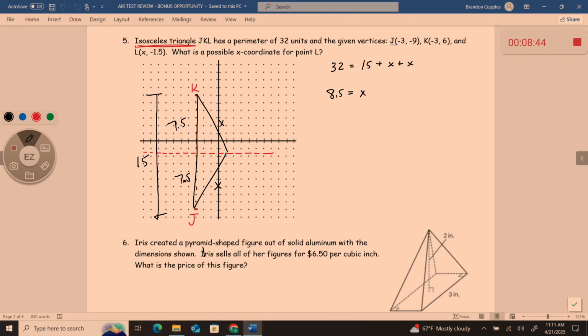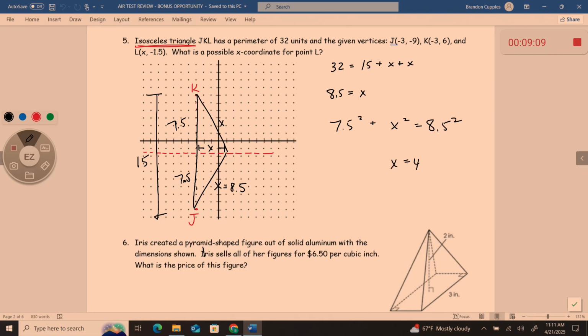And so if I use that 8.5 for that length right there, we can use our Pythagorean theorem to figure out what that length is going to be. So if I do this, 7.5 squared plus x squared equals 8.5 squared. If I solve for x, x is going to end up being 4.